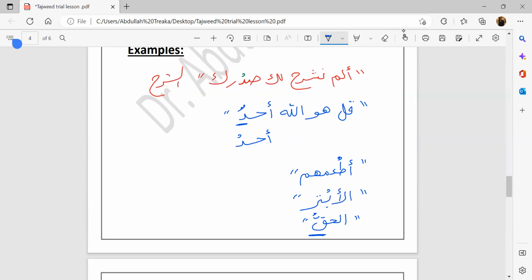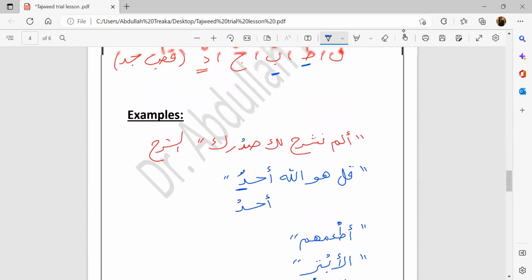This is the strongest qalqala: when the letter is mushaddad, has a shaddah at the end, and we stop at it. وتب, تبت يدا أبي لهب وتب. This is the highest qalqala, when the letter is mushaddad and we stop at it at the end of the word.